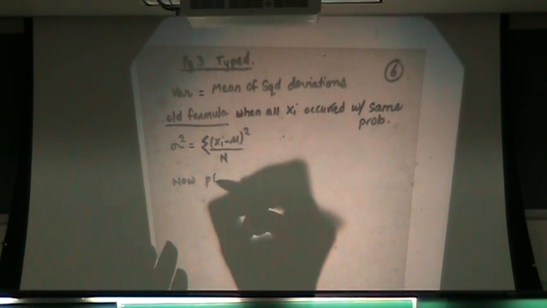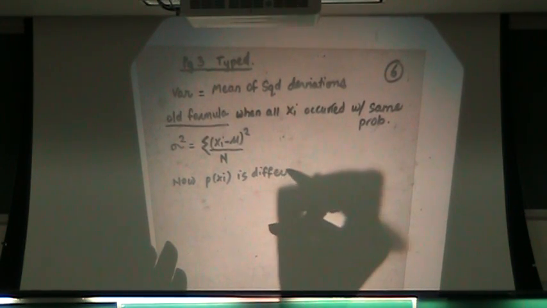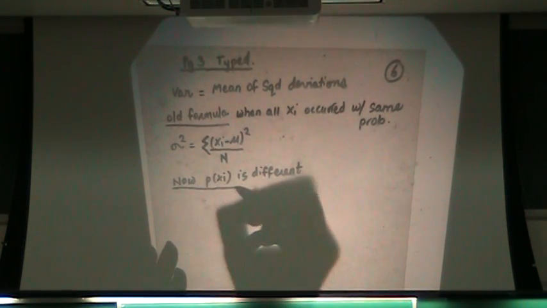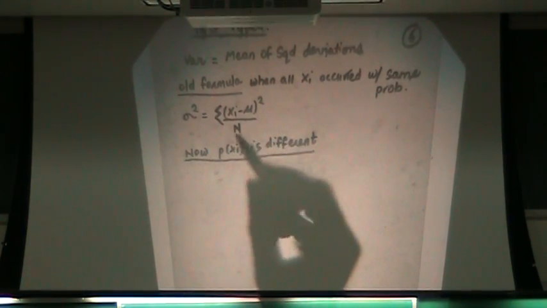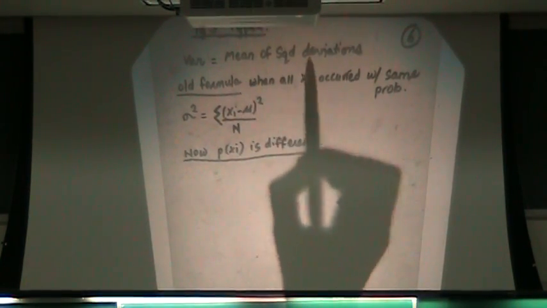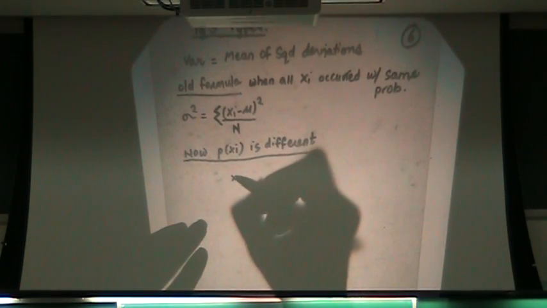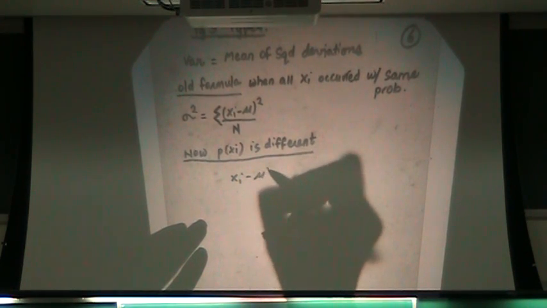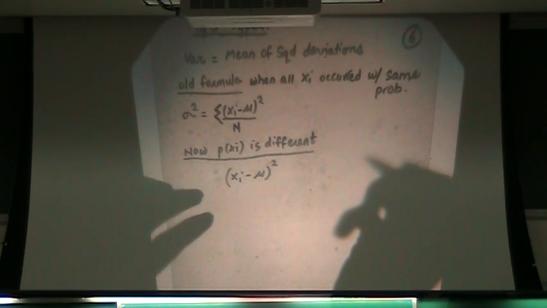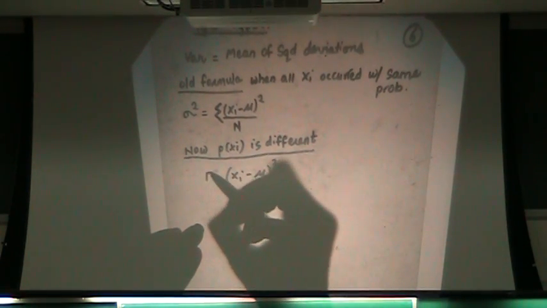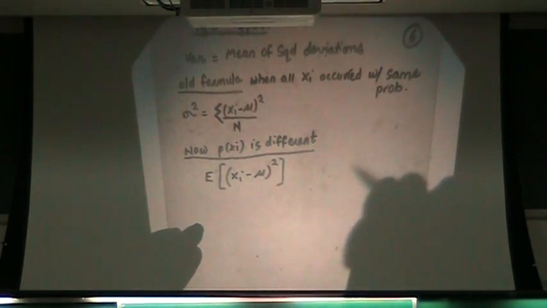Now, P of xi is different for each xi. So I'm going to say, I want to find the mean of the squared deviation. So I'm going to take the squared deviations, xi minus mu squared, and I want to find the mean of this, E of this, right?